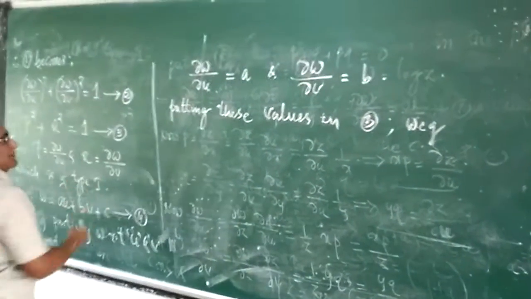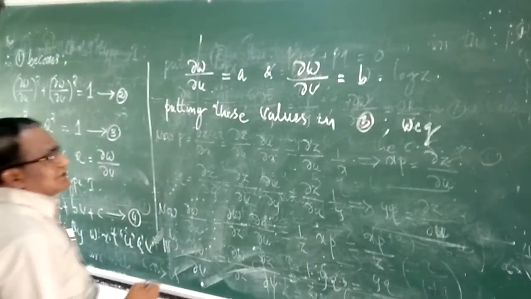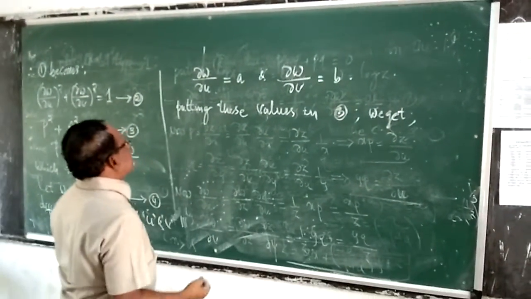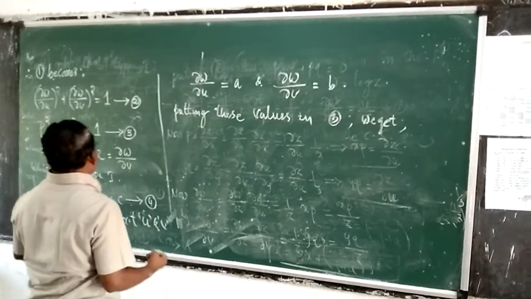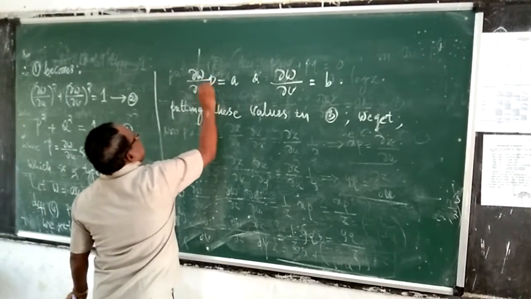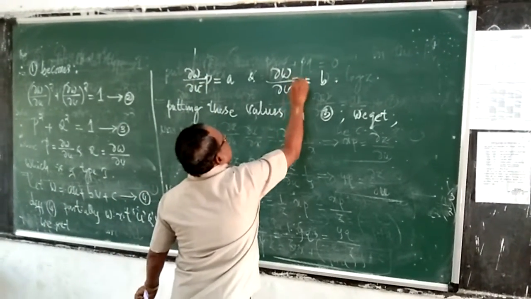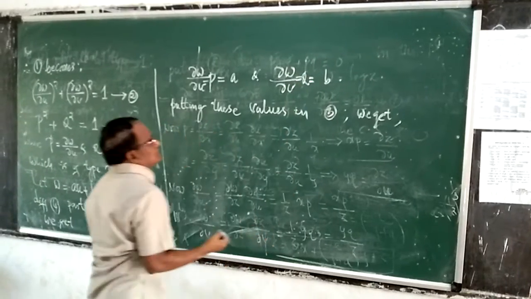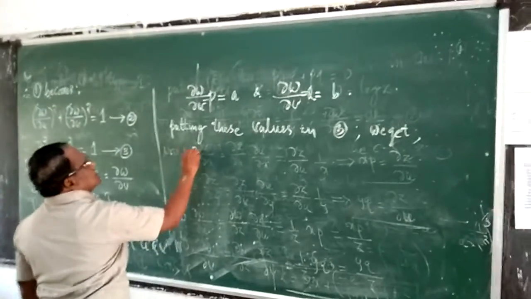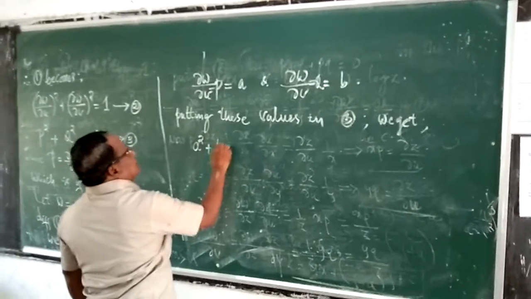In equation number 3, we get dou w by dou u, that is nothing but capital P, and dou w by dou v is capital Q. Yes, it is a squared plus b squared is equal to 1.